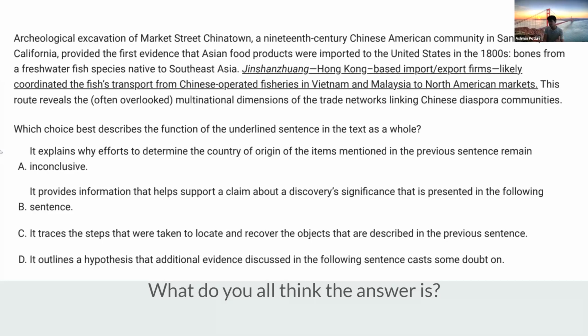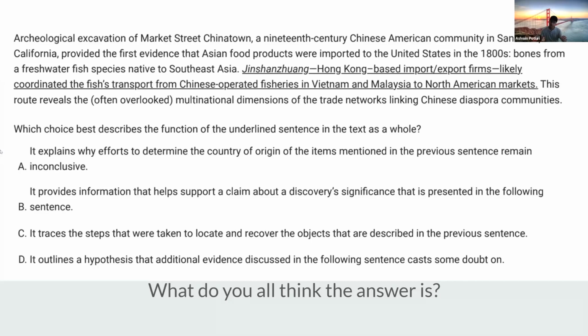And if we look at the following sentence, it says, "This route reveals the often overlooked multinational dimensions of the trade network linking Chinese diaspora communities." So that's the claim about the discovery's significance, because remember, they say often overlooked, right? Multinational dimensions that are often overlooked. So it supports a claim about the discovery's significance. So the discovery has some significance, and that is in the following sentence, the sentence after the sentence that is highlighted. So that makes the most sense.